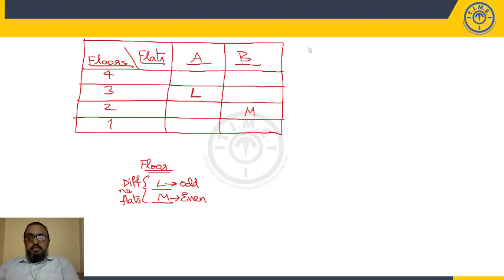Now what is the other possibility? The other possibility is you can interchange the positions. You can have L in 3rd floor flat B. You can have M in 2nd floor flat A. Okay, so that also we will take into consideration.